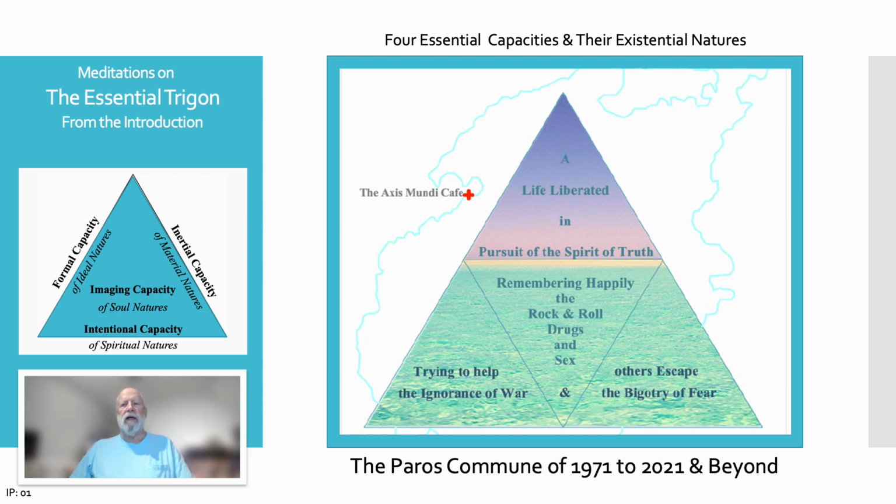It was subsequently elaborated in 2021 with personal reflections and formalized in ideal fashion as the essential trigon there, before finding its way into the content of this PowerPoint presentation in 2023.